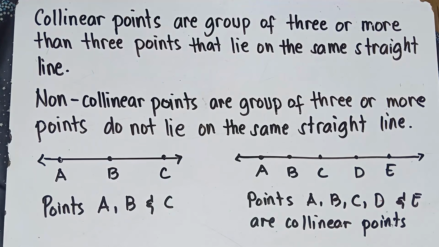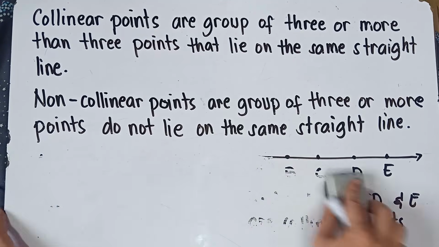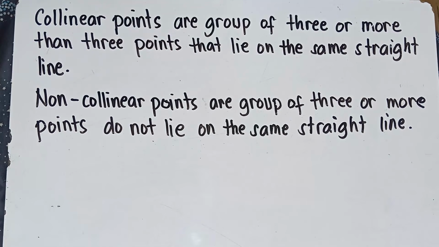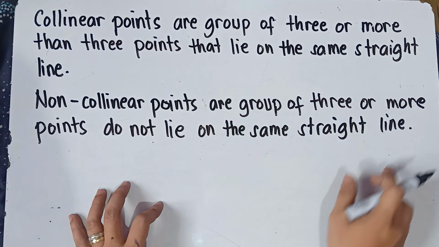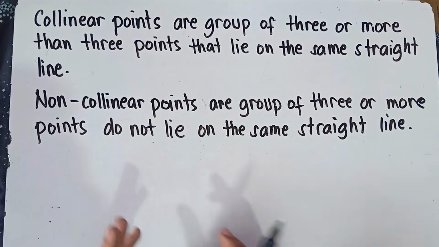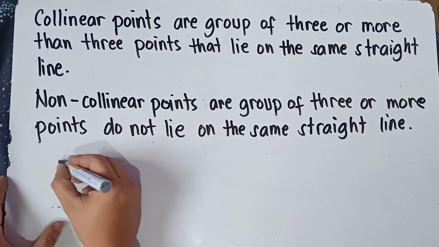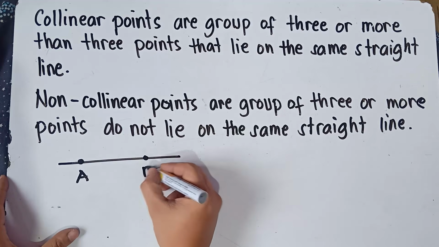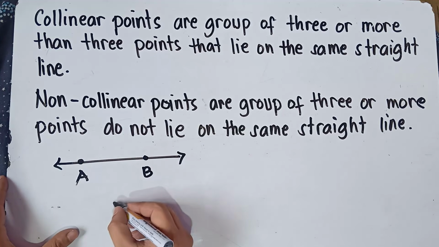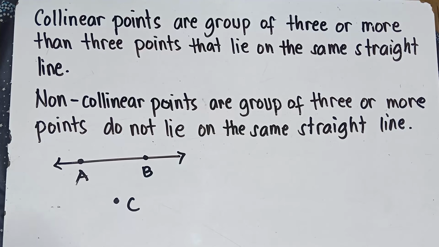Let me just erase this one. Let's have an example for non-collinear points. Very easy, right? For collinear points. Now, what are non-collinear points? Now, non-collinear points are a group of 3 or more points that do not lie on the same straight line. Let's have an example. If this is point A, and this will be point B, and this is point C. Now, can we say that point A, B, and C are collinear points?